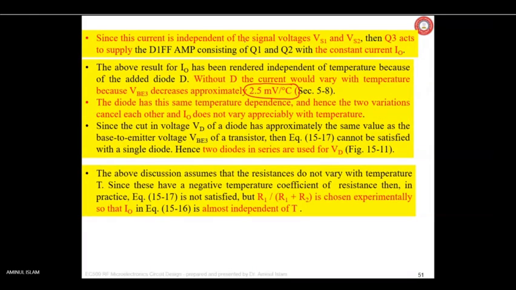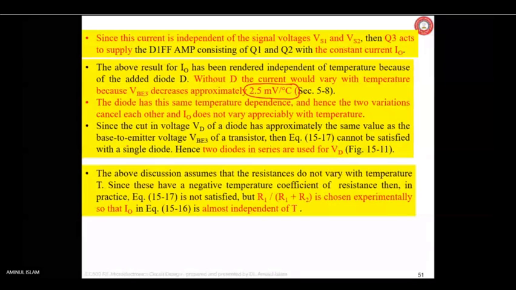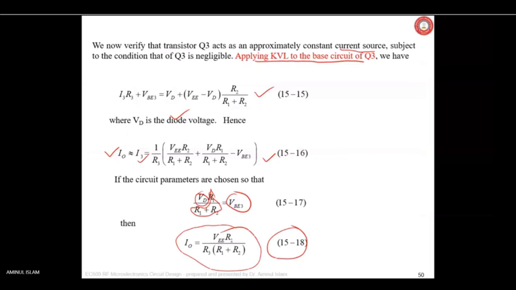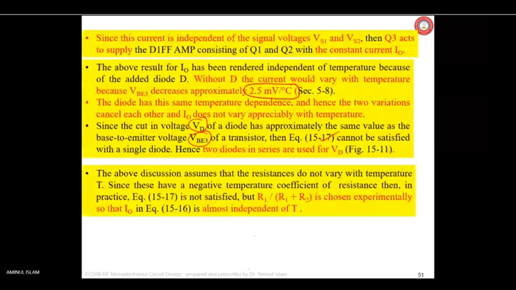So what it is telling is that since the cut-in voltage VD of a diode has approximately the same value as VBE, equation 15-17 cannot be satisfied with a single diode.